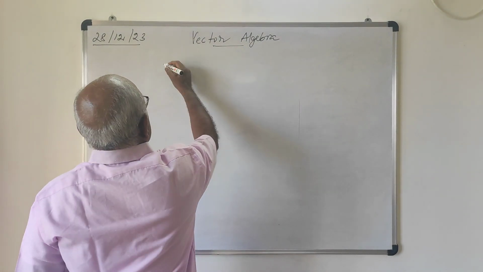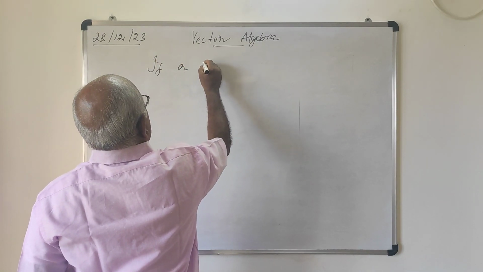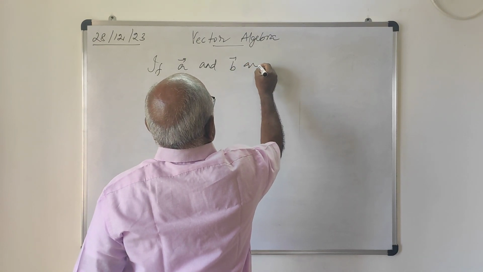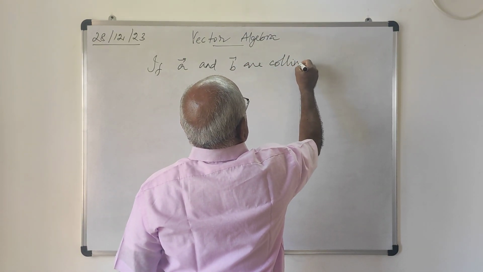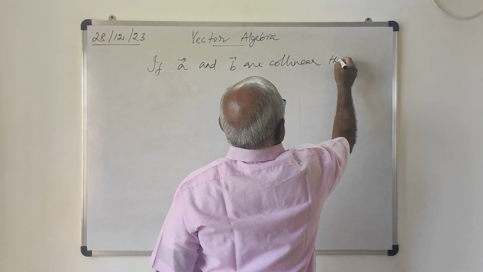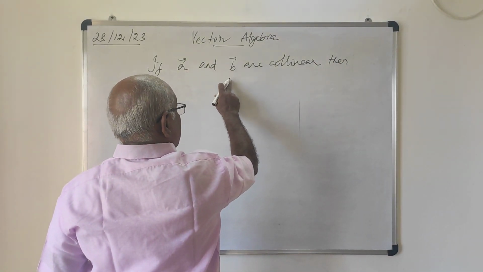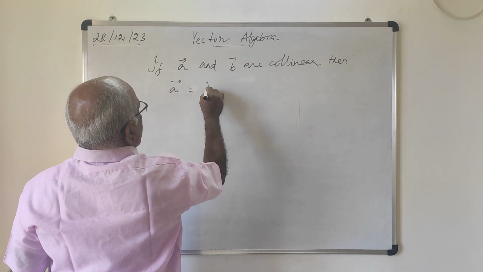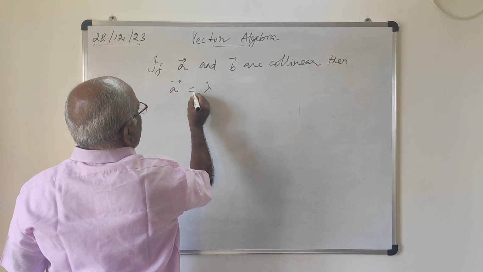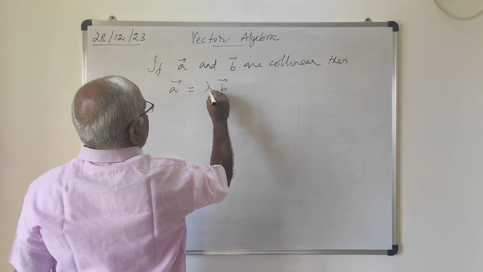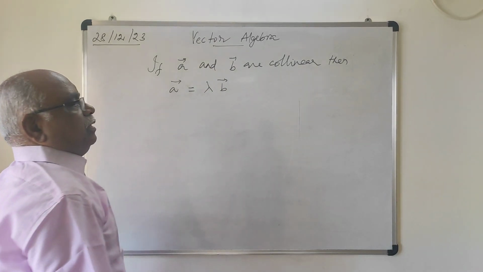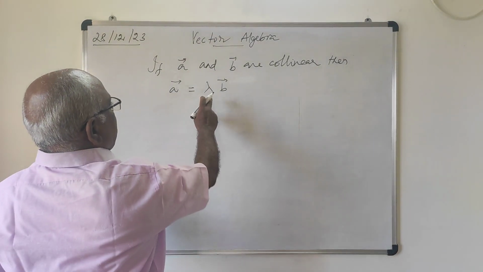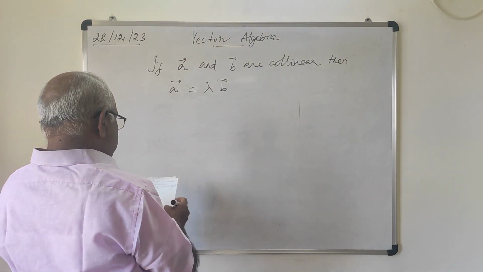The definition is: if the a vector and b vector are collinear, then a vector is equal to some lambda times the b vector, where lambda is a scalar. This is the definition for collinearity.